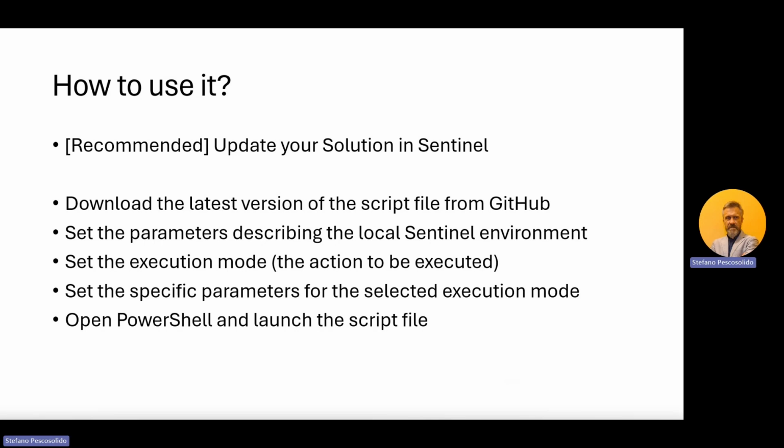First of all, before using the script, it's highly recommended to update the solutions in Sentinel. Then you have to download the latest version of the script from GitHub, and set the parameters which describe the local Sentinel environment, meaning the subscription ID, the resource group, the Sentinel workspace name, etc. Set the execution mode, which is the action to be executed.